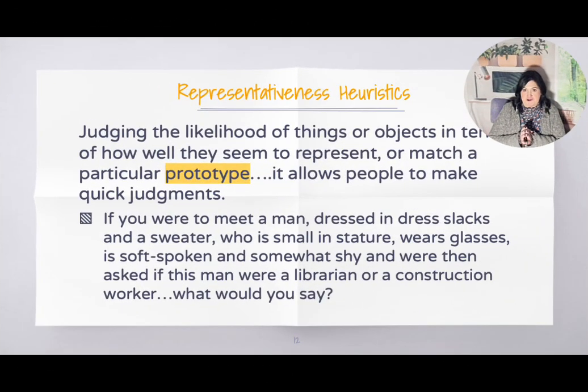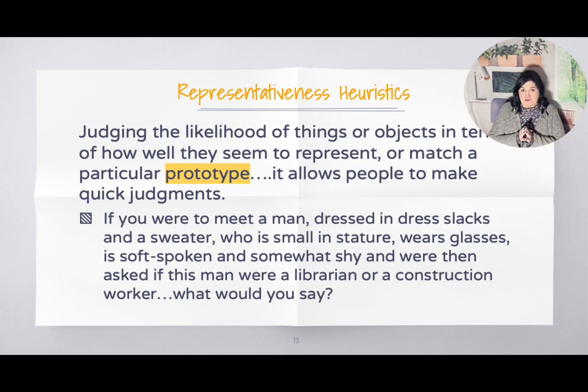With representativeness heuristics, you have to think about the prototype, right? You have to think about that original thing that you're experiencing, the new objects or ideas or events or things. When you make judgments, does it all fit my prototype? Here's an example.